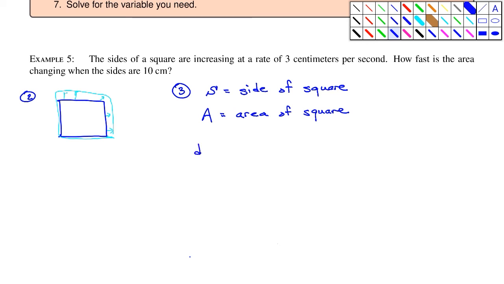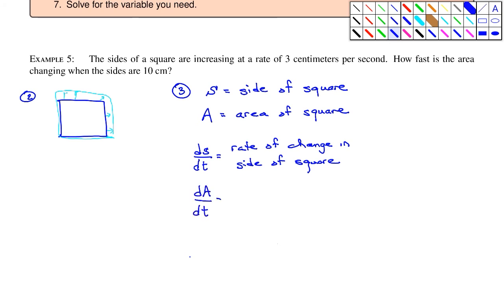So we get ds/dt is equal to the rate of change in side of square. And that's how you do the description. You just throw in a little rate of change in whatever the variable represented. And then dA/dt is equal to the rate of change in area of square.